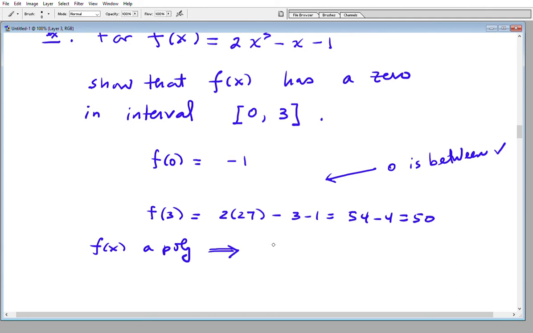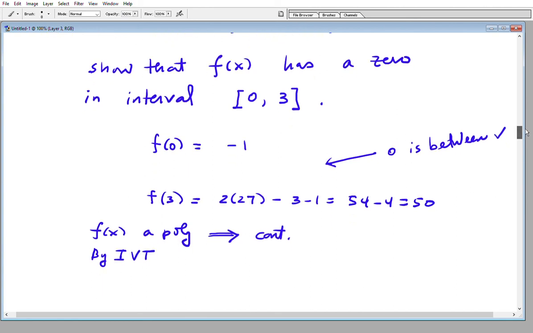So we're going to write f of x a poly, so that means continuous. We have to say that because otherwise you can't use the intermediate value theorem. By intermediate value theorem, now we're going to figure out start point, end point. We did that already.